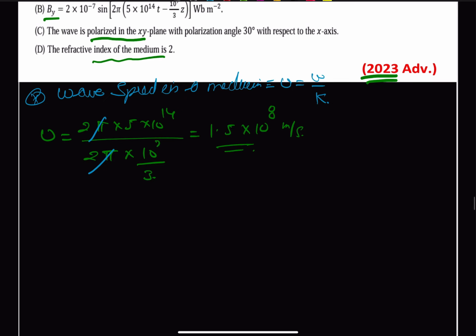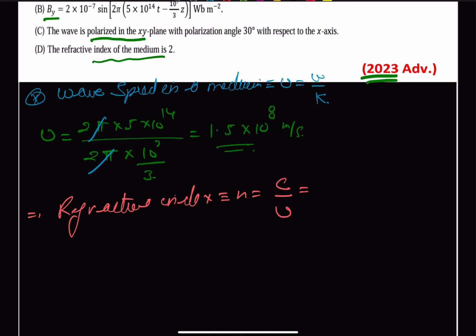So we know that the refractive index is the ratio of light speed in the vacuum divided by light speed in a medium. So from here we can say the refractive index, which is given, let us suppose as n, will be equal to c upon v.